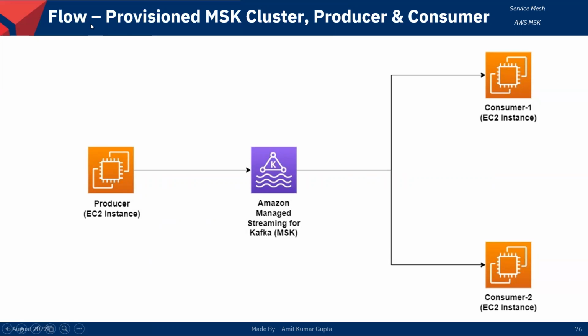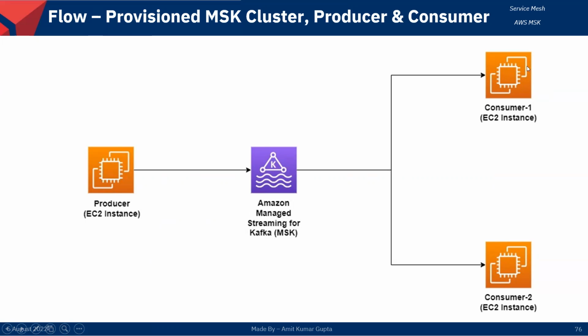So this is the flow for the provisioned MSK cluster, producer and consumer. You can see this is the Kafka cluster, and MSK is the AWS PaaS service provided by Amazon. We are going to use this service, and after that we will create one EC2 instance where we will produce the messages.